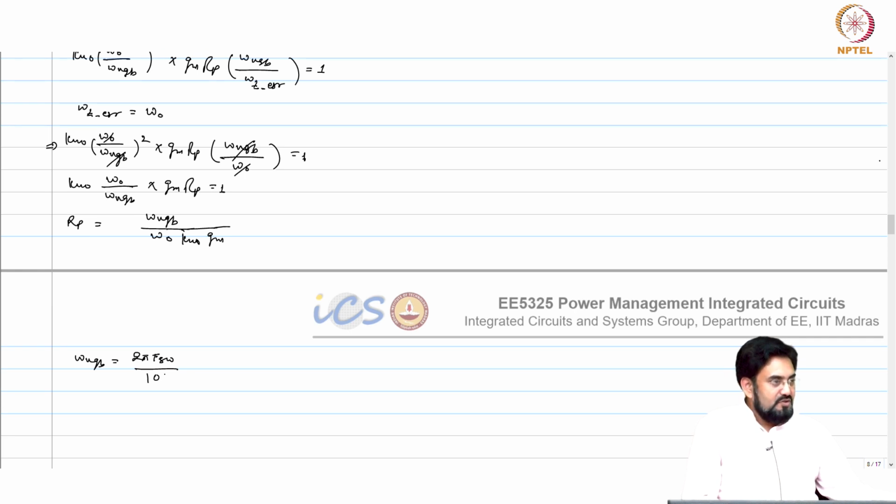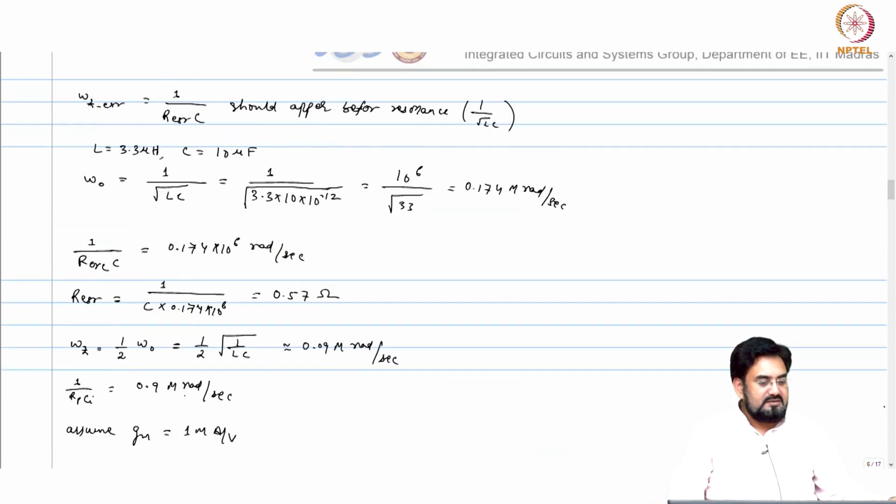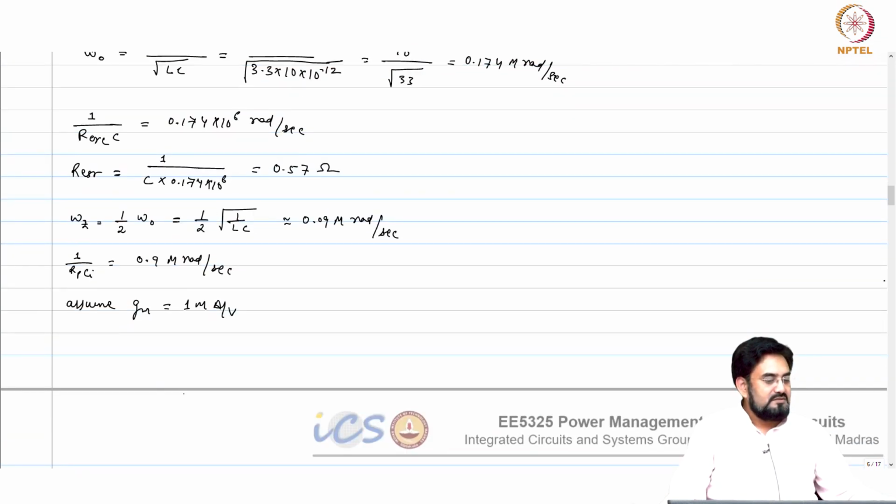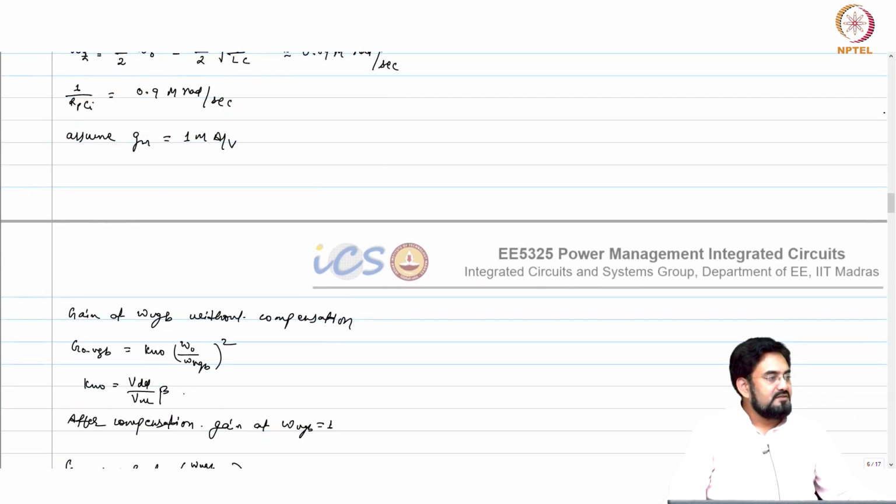So switching frequency is known, you substitute that, omega naught is known, L and C components you already know, RP can be calculated from here. So once you know the gain and the zero frequency you already know, correct? So Ci can be calculated from there.